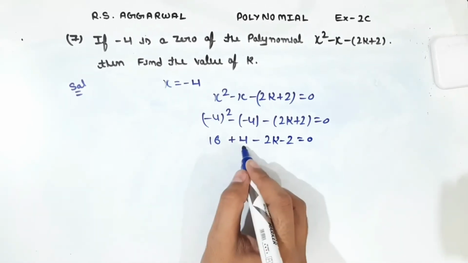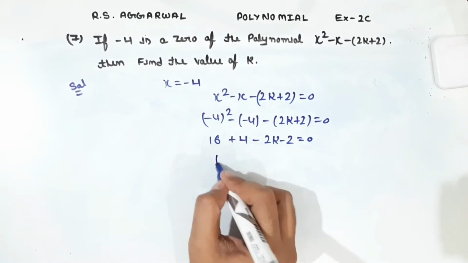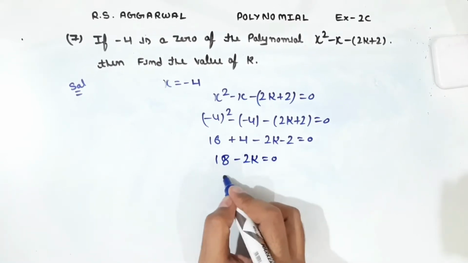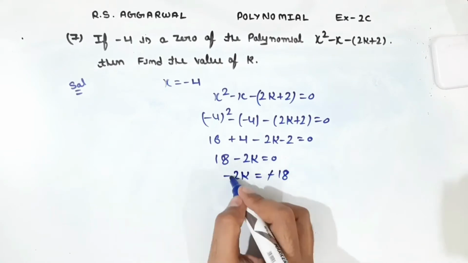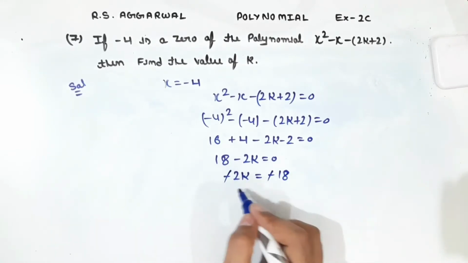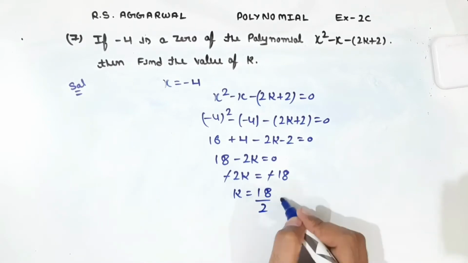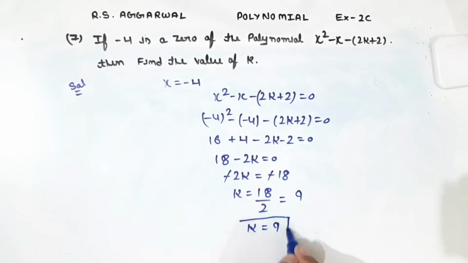So 16 plus 4 will be 20, and 20 minus 2 will be 18, minus 2k equals to 0. So minus 2k will be equals to minus 18, minus cancelled out. So k will be 18 upon 2, that is equals to 9. So value of k will be 9.